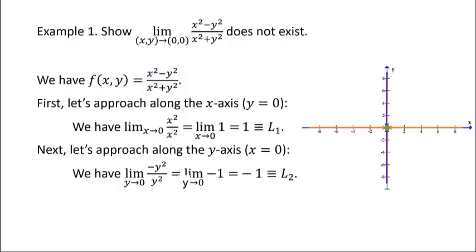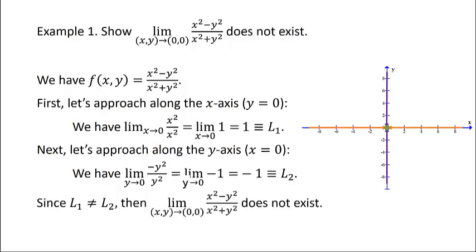So now we found two different approach paths. The x-axis led to the limit positive 1. Approaching along the y-axis led to the limit negative 1. And since we found two different limits, since L1 is not equal to L2, then that automatically tells us that the limit of this function does not exist.